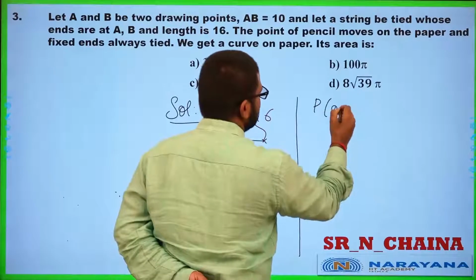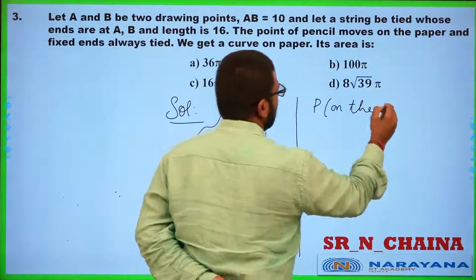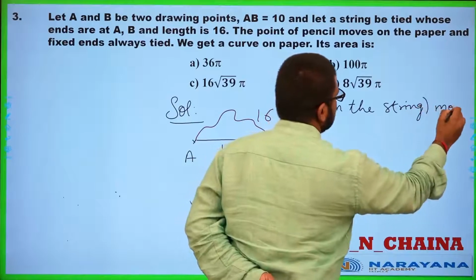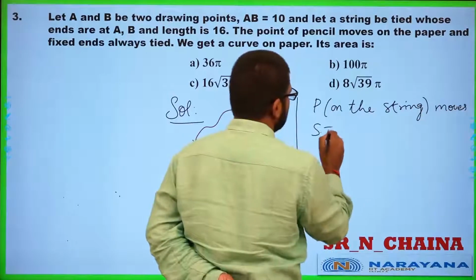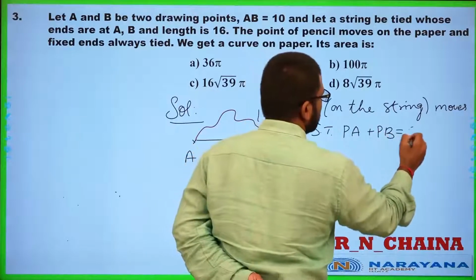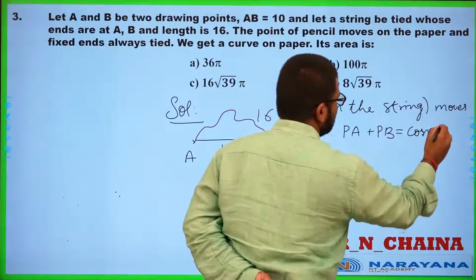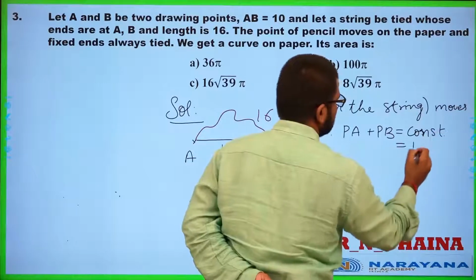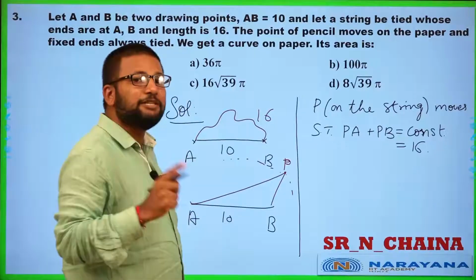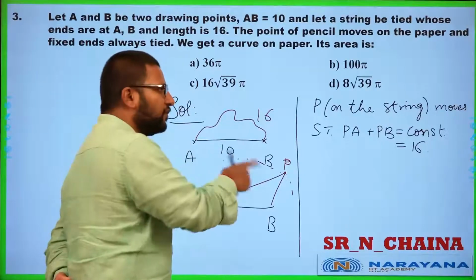P on the string moves such that PA plus PB is constant. How much is that constant? 16, correct? And A and B are fixed, which means now can you tell me what will be the path of P?